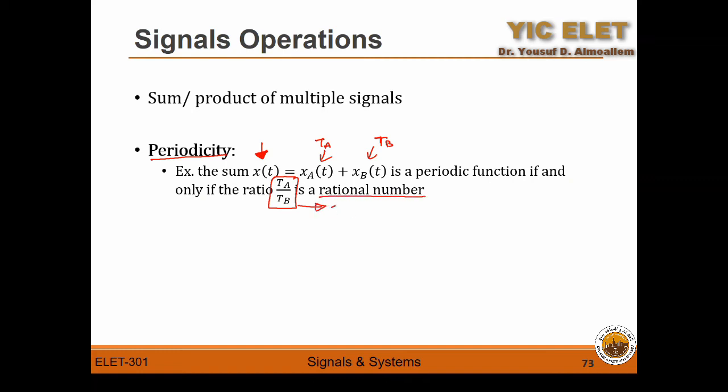So if it is a rational number, then it will be periodic, otherwise it will not be periodic. So this is the condition.